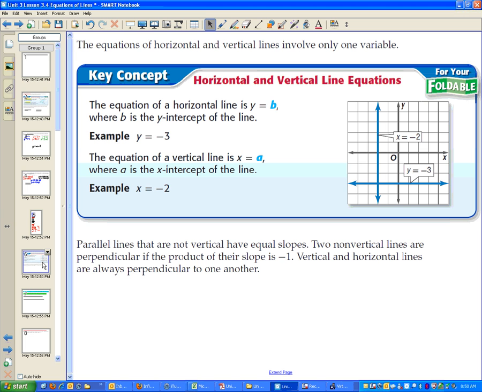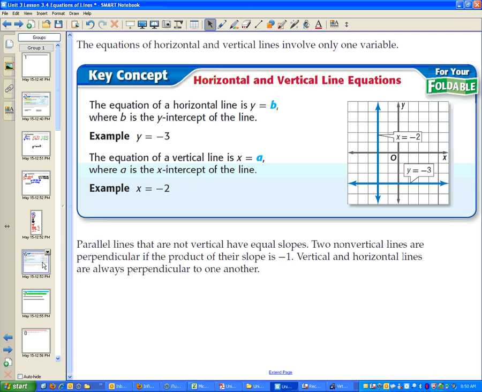All right. Now, vertical lines are the exception to anything we talk about with lines. So the y equals mx plus b, or the y minus y1 equals m times x minus x1, neither of those apply to vertical lines. And in fact, they do apply to horizontal lines, but it's kind of difficult to see.